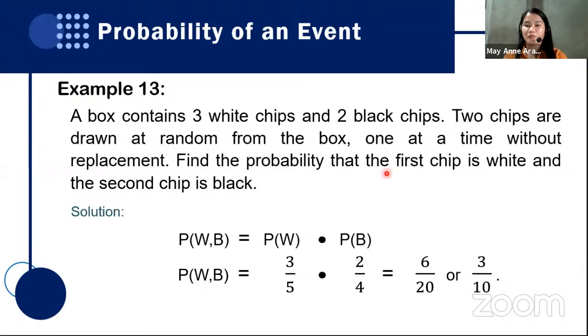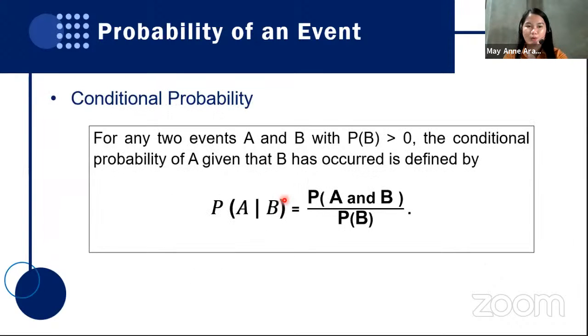And how many black chips are there? 2. So that's why we only have 2 over 4 here instead of 2 over 5 because of the words without replacement. So just simply multiply 3 times 2, 6, 5 times 4, is 20. And get the lowest term, you have 3 over 10.